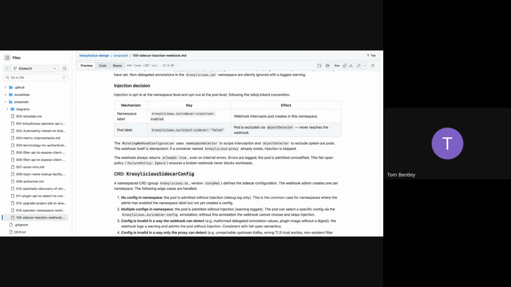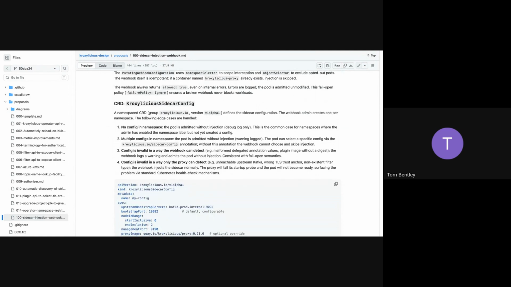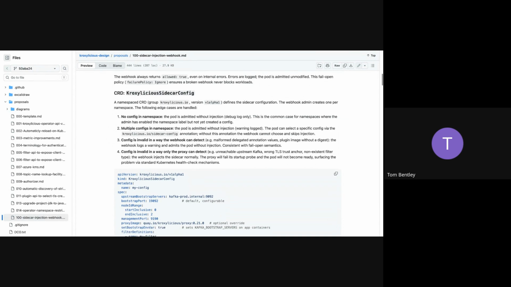Depending on the expectations and requirements of those two people, the person that controls the proxy configuration might want to reserve aspects of that configuration for themselves, or they might want to delegate it to the person that controls the Kafka application.